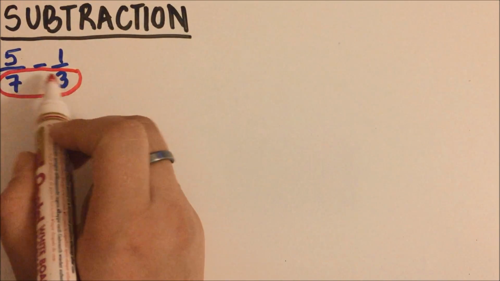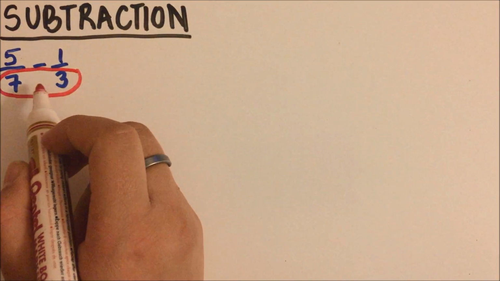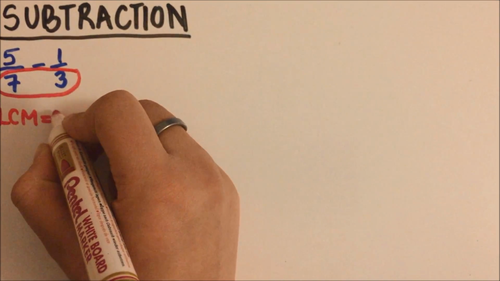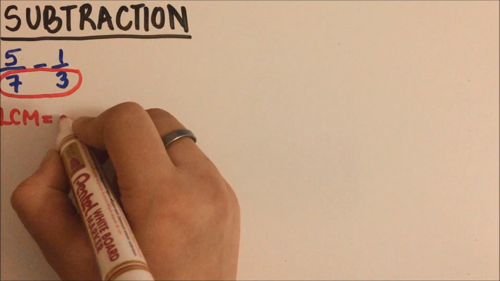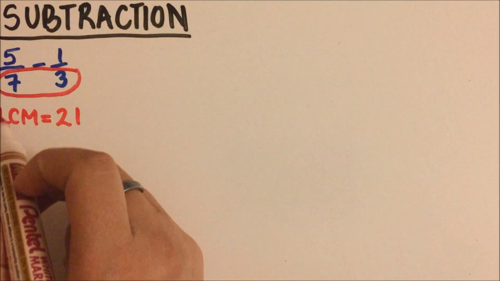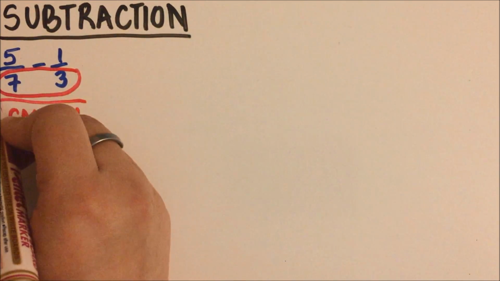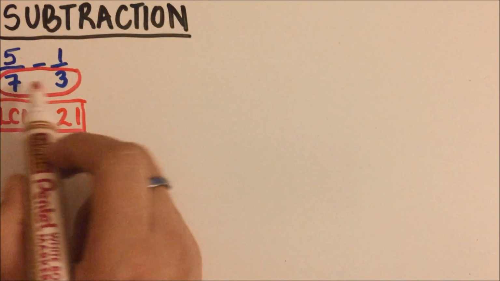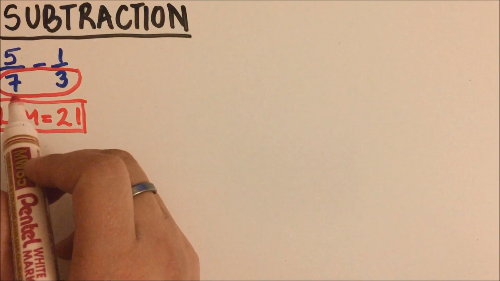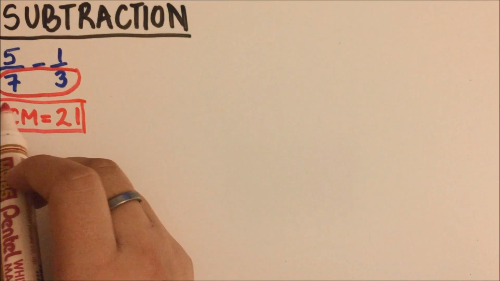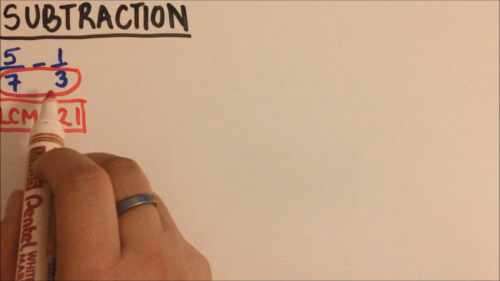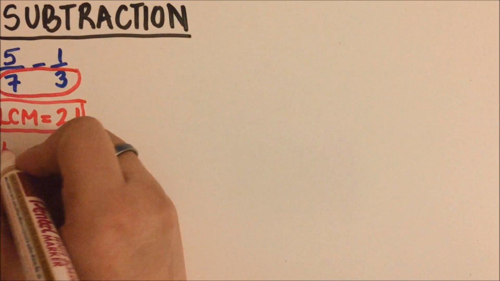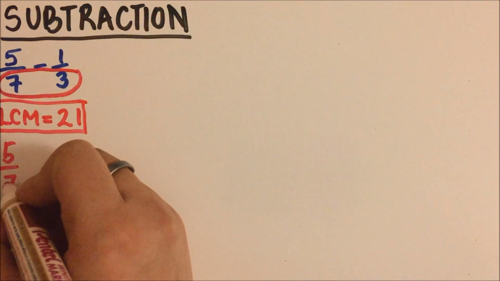We know that 7 and 3 are prime numbers, so the LCM is just going to be 21, because 7 times 3 gives us 21. This only works for numbers that are prime. If two numbers are prime, the LCM will just be those two numbers multiplied together, which in this case is 21.